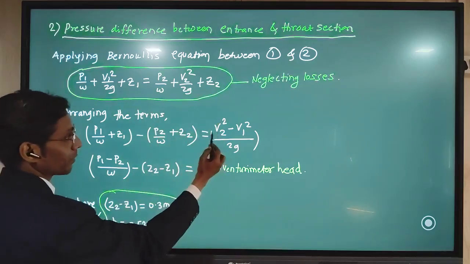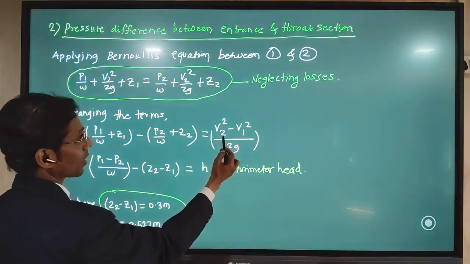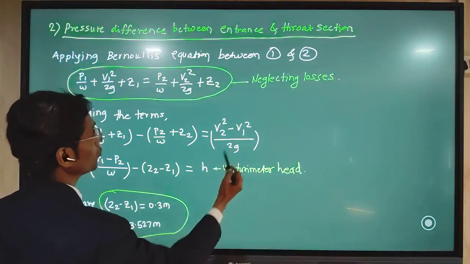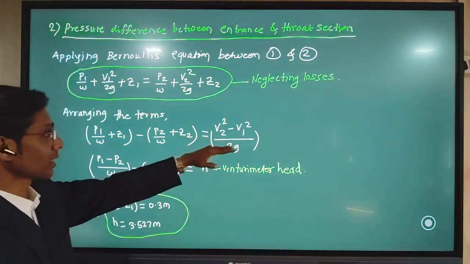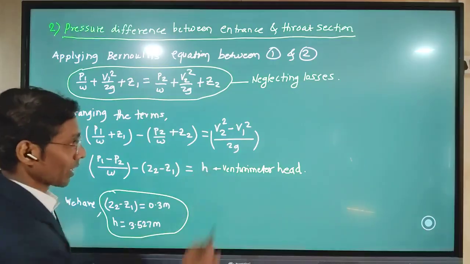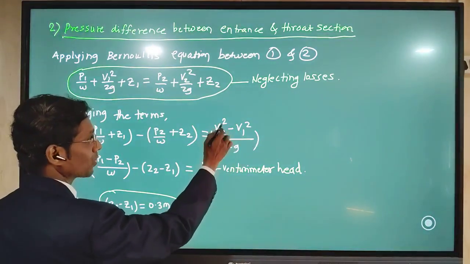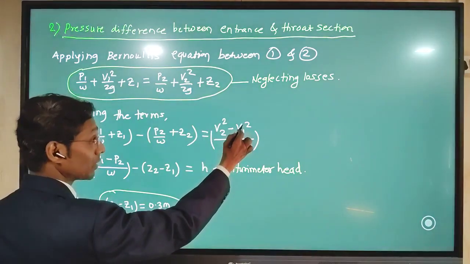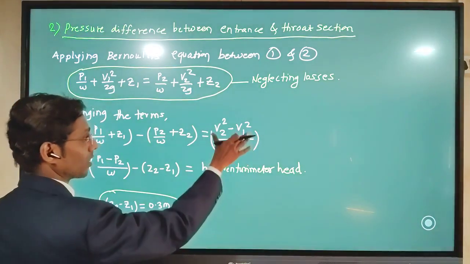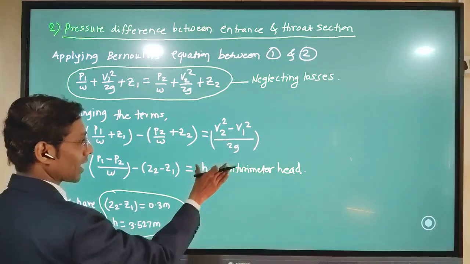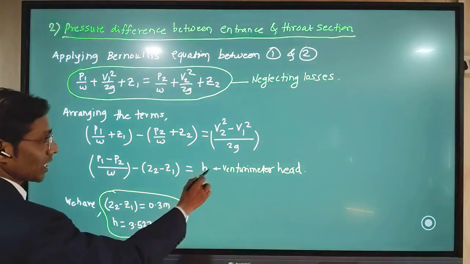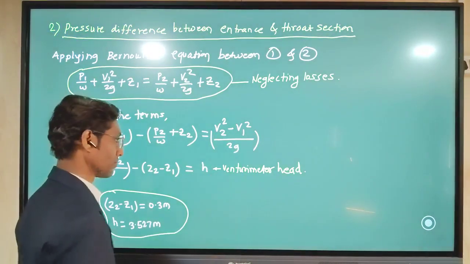That is why it becomes V2 square minus V1 square divided by 2G. This 2G we take common for both at the denominator. This right hand side, V2 square minus V1 square divided by 2G, is taken as H. So this H is called the Venturimeter head.